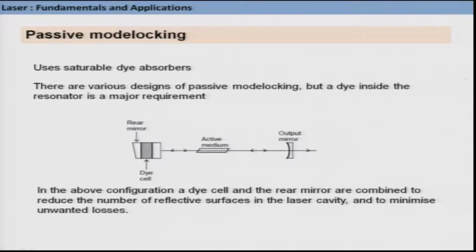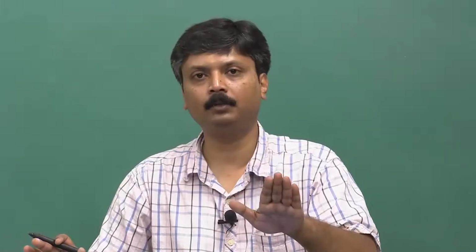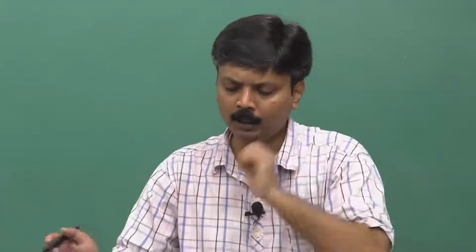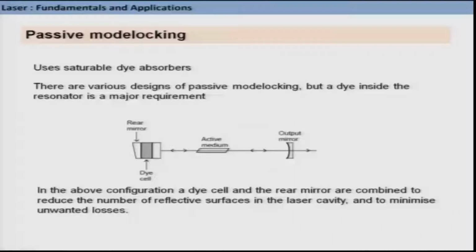We put the dye inside the resonator, I forget about it, and the dye will do the job by itself. I am not going to do anything, and that is why this method is known as a passive method, just like passive Q switching. Here I have shown one picture of the cavity involving this saturable absorber.